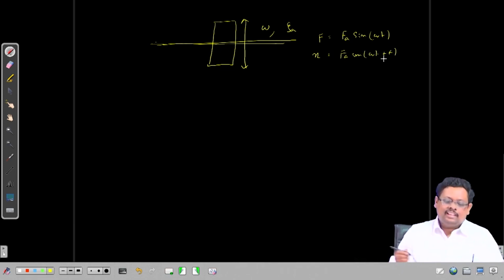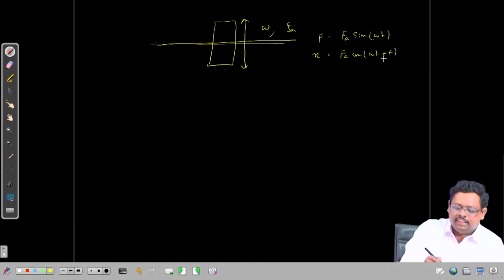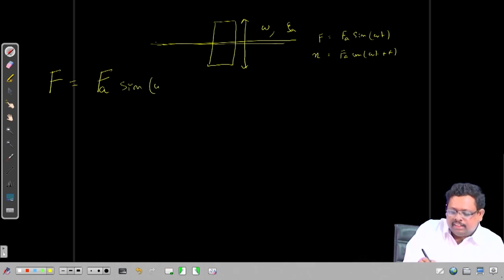But we do the opposite, because that is easier for me, because the ultimate end result is the same. So, we can assume the forcing function f is equal to f a into sin omega t plus epsilon or delta, whatever, and then you can use x equal to some xi a into sin omega t.